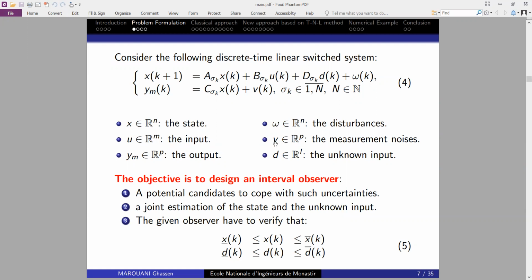This choice is made because such kind of observers allow to cope with several types of uncertainty. We have to perform joint estimation of the state and the unknown input, verifying equation 5, where the state vector is enclosed by two bounds, and the same for the unknown input.